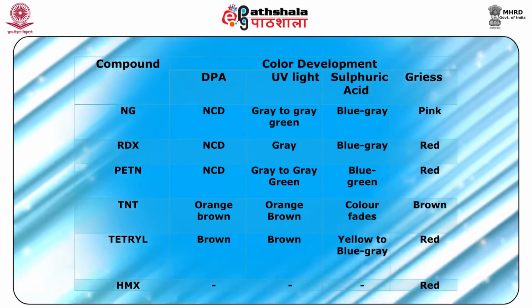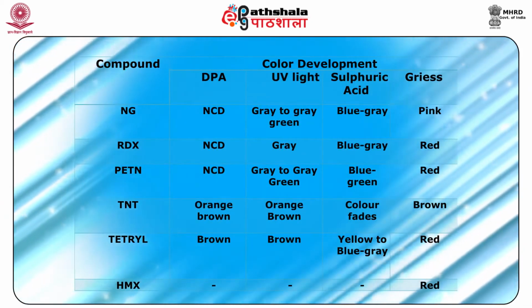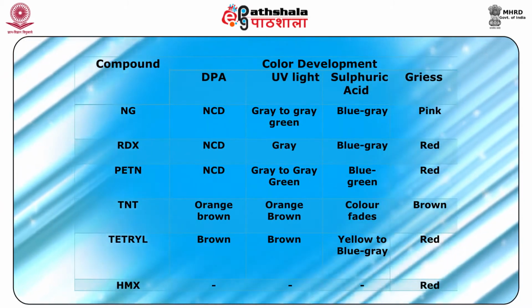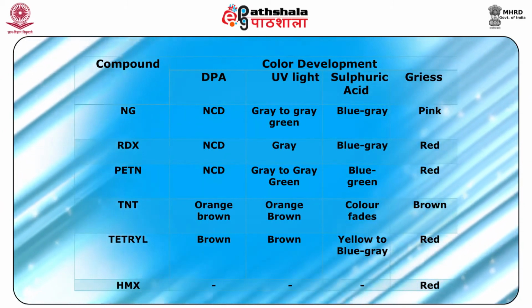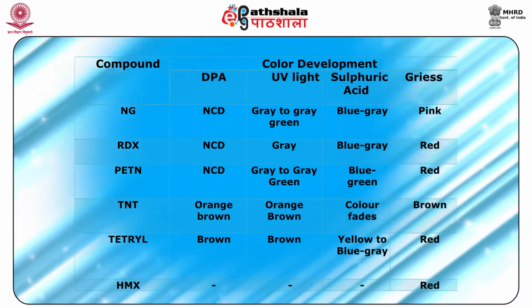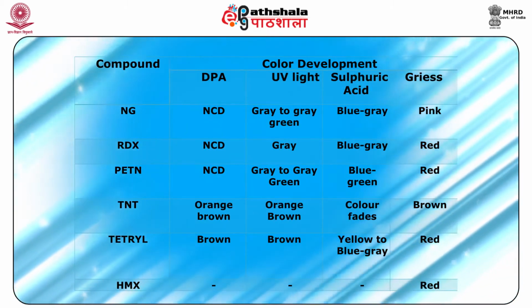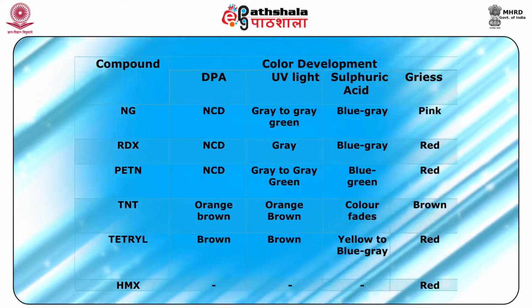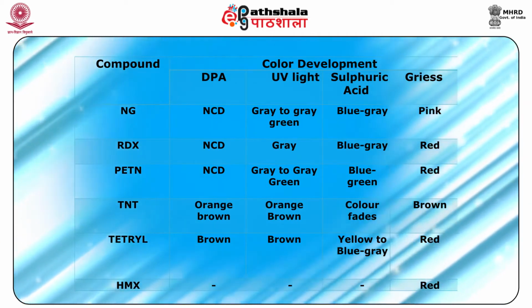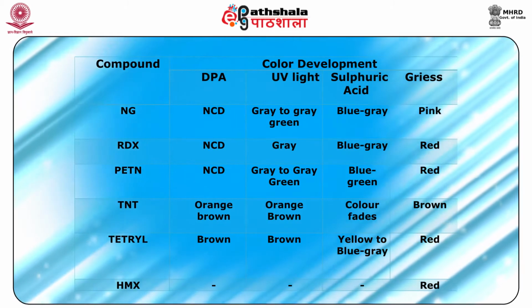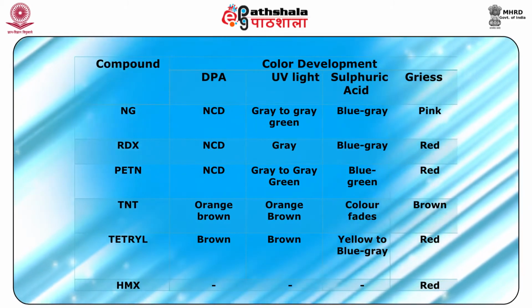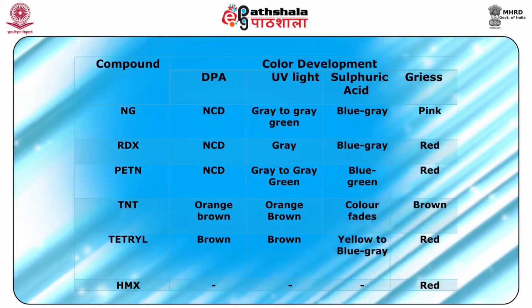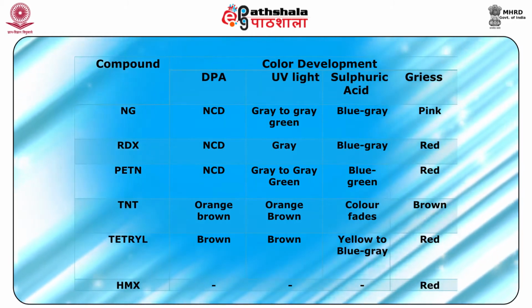Now look at this table as shown here, and the colors that you have noted match with these. You can also match with the reference sample, as I told you, that is the simplest thing. But to gain knowledge and to be clearer about what color will be expected for different explosives, you can take these references.